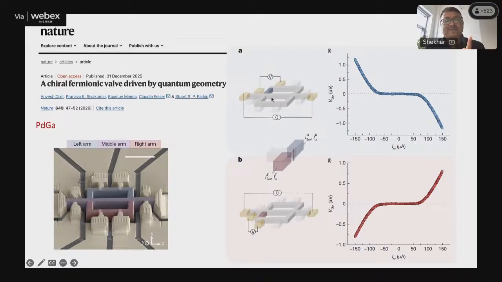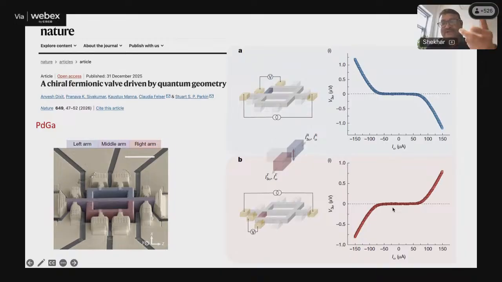Alternatively, if we measure one side like this and change the material to the other handedness, suppose this is the left handedness, and with the same geometry we change the material to right handedness, then we can expect this graph.